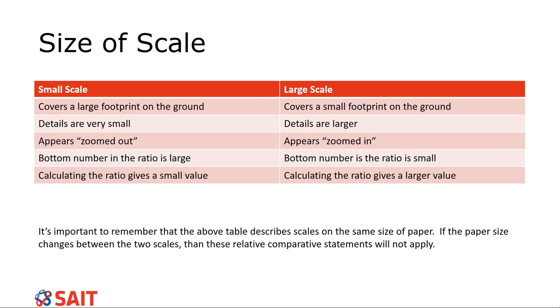So the bottom number of the ratio is small, and if I calculate it through, the ratio gives a larger number, like 1 divided by 500, for example. An example of a small scale might be 1 to 250,000. An example of a large scale might be 1 to 500.